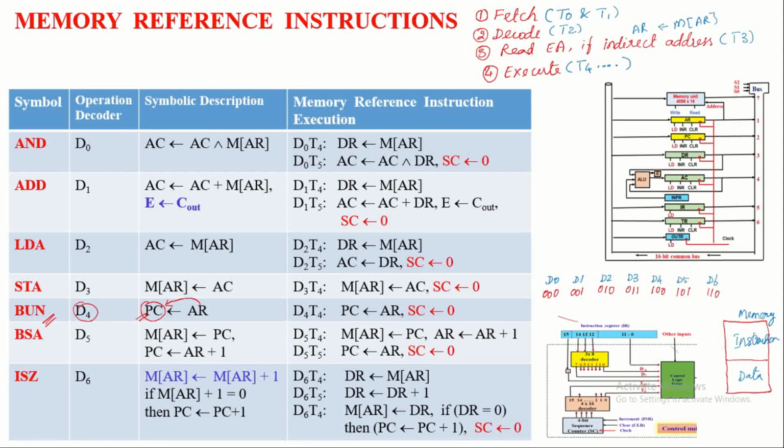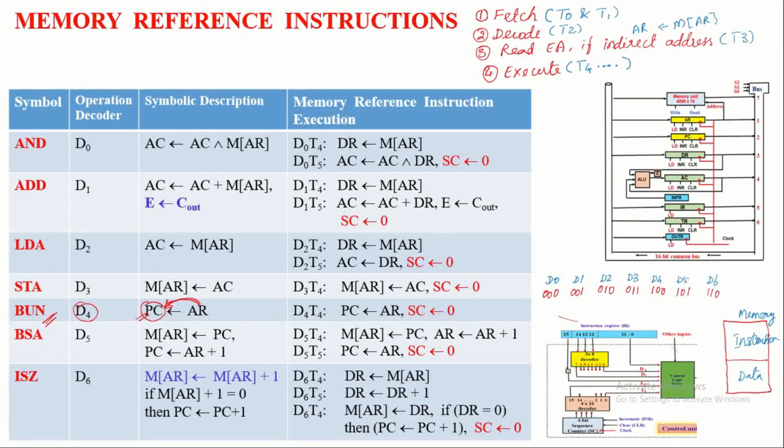So when the branch unconditionally operation is executed, the program counter will be pointing to the address that is transferred from the address register. Like this, the branch unconditional operation unconditionally transfers the program execution control to the address that is transferred from the address register.